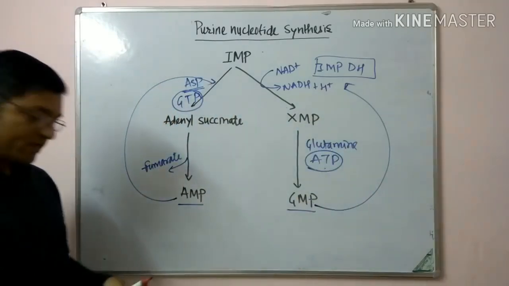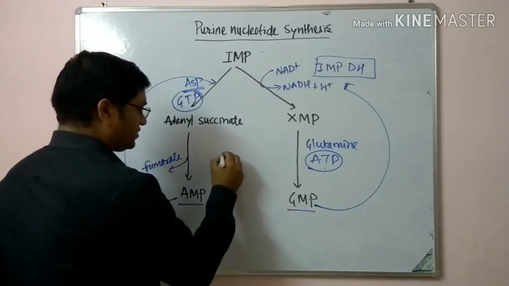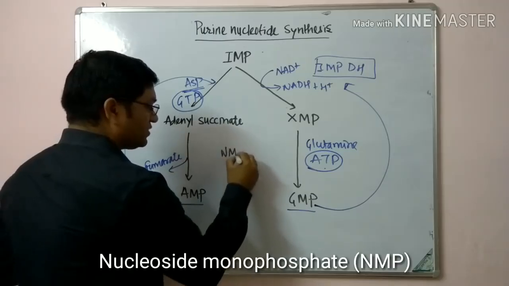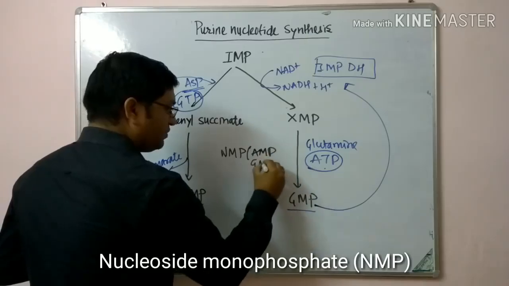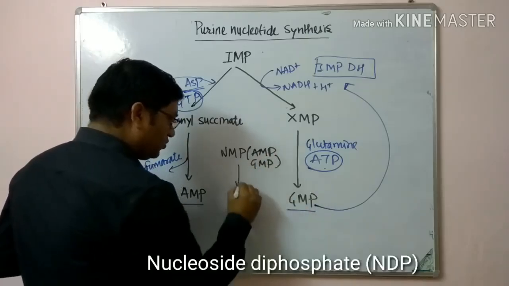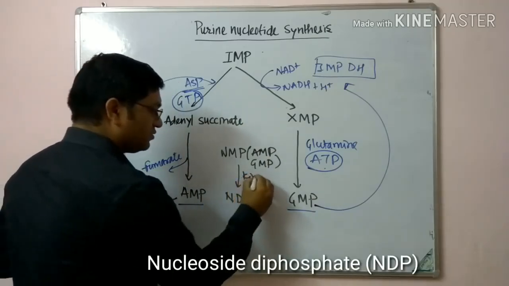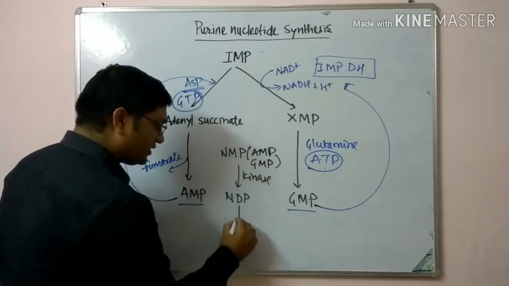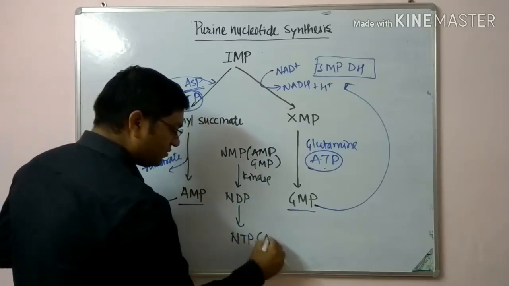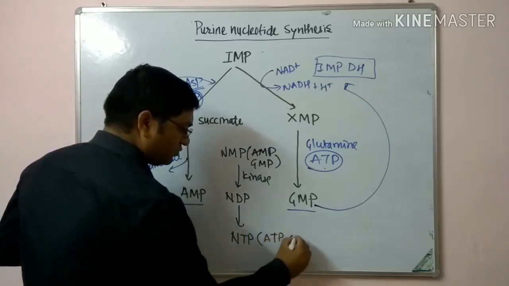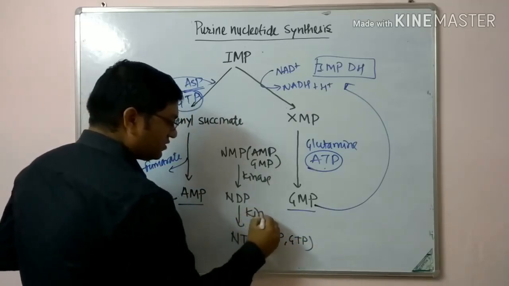Now these monophosphates which are synthesized here, that is nucleotide monophosphates meaning AMP and GMP, are converted into nucleotide diphosphates by the kinase, and these diphosphates are converted into nucleotide triphosphates meaning ATP and GTP by the diphosphate kinase.